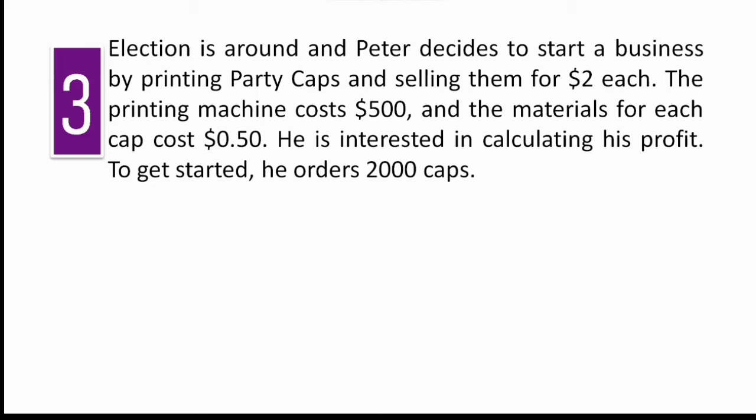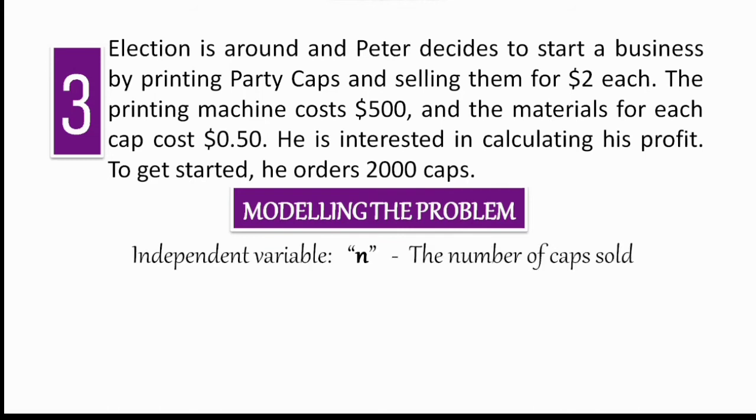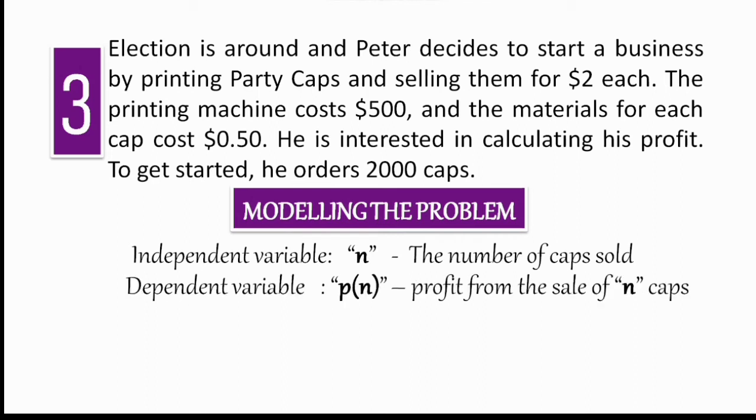All right, so we will say that the independent variable N is the number of caps sold, and the dependent variable is P of N, which is the profit from the sale of N caps. So profit is total sale minus total expenditure. He needs to know how much he put into the business and how much sale he made.